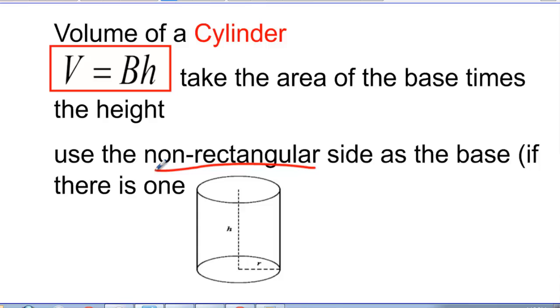So here I have a cylinder. Let's say that the height is 5 and the radius is 3. So I need to find the area of this circle that is my base, and then I'm going to multiply that by the height.